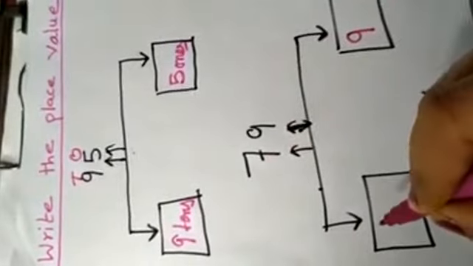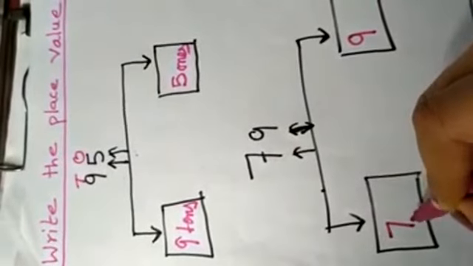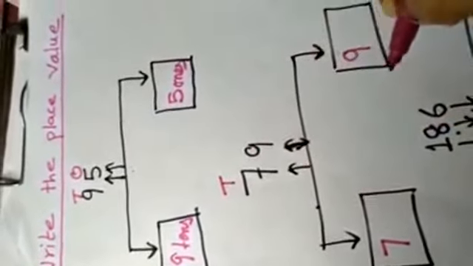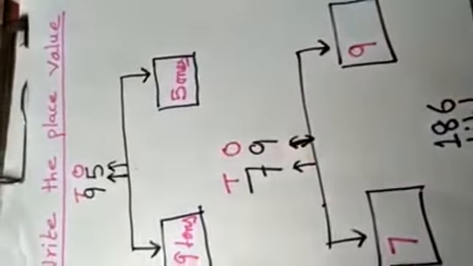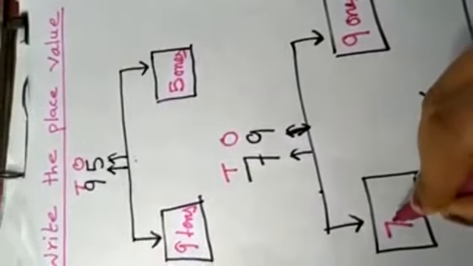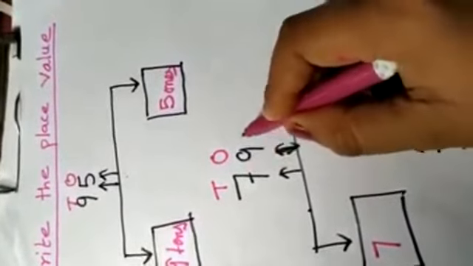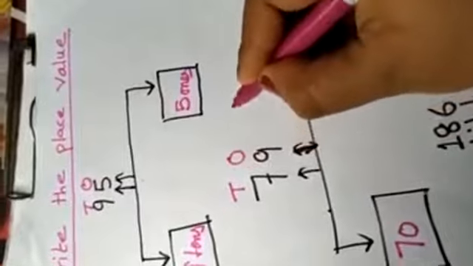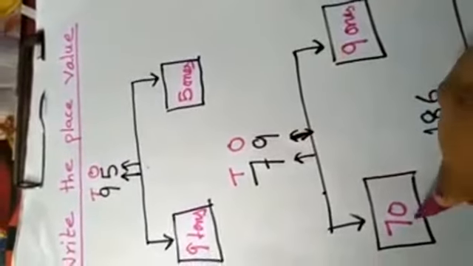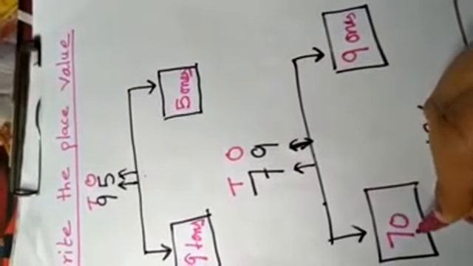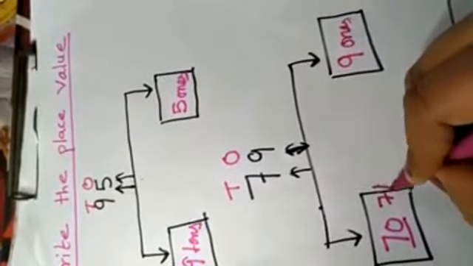And 7, what is the place of 7? Tens. And the place of 9 is ones, O for ones. After 7 there is one number. If there is one number, we'll write 10. If there are two numbers, we'll write 20. 70 means 7 tens.